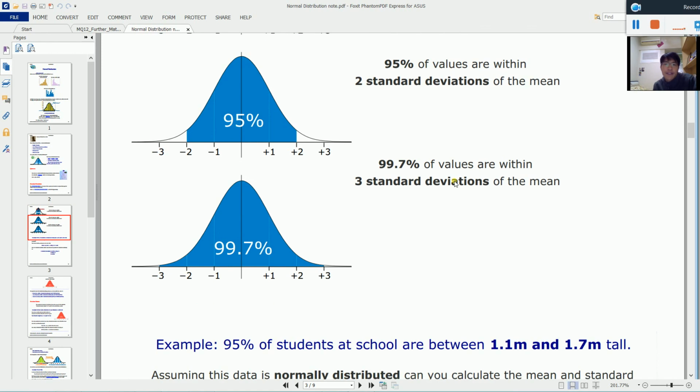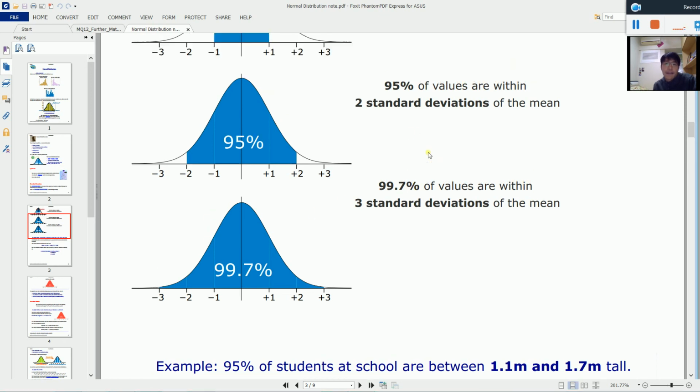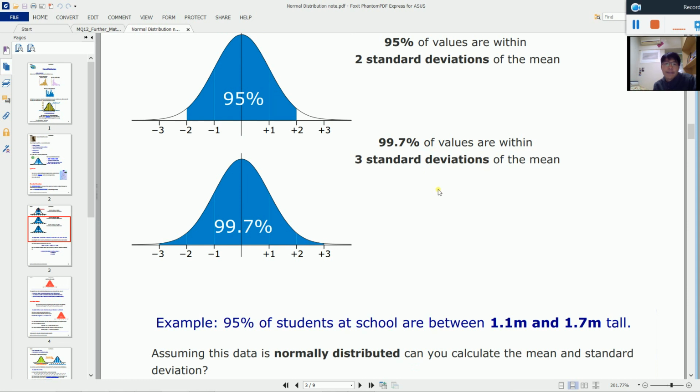Then 3 standard deviations would be 99.7%. And what if you still have a tiny bit on each side? What is the tiny bit on each side? It would be 0.3%. So for 1,000 surveys, you're talking about 3 out of 1,000, which is beyond 99.7.